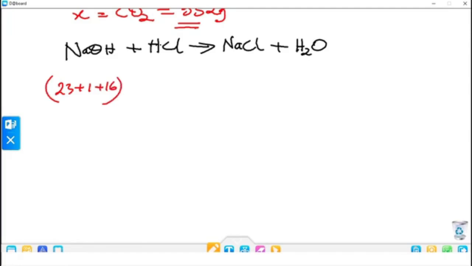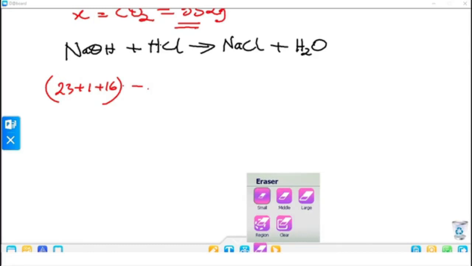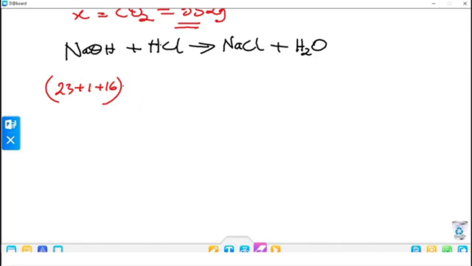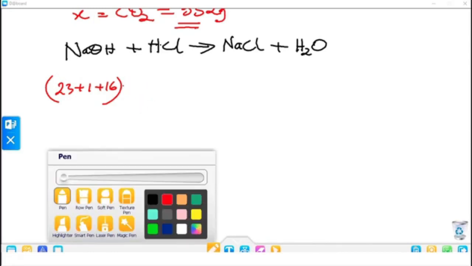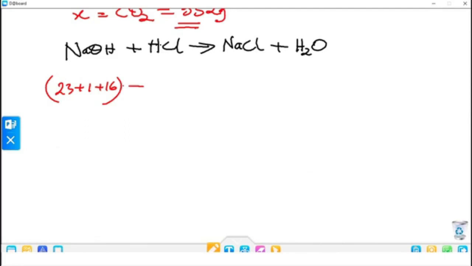And it is coming up against HCl. So we have HCl, hydrogen is 1, plus chlorine is 35.5.